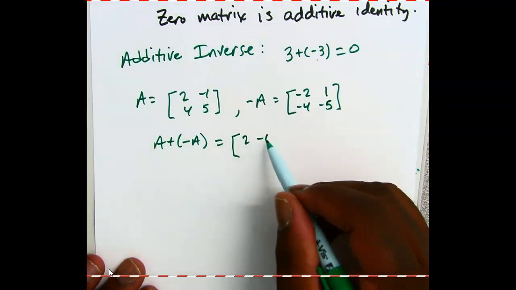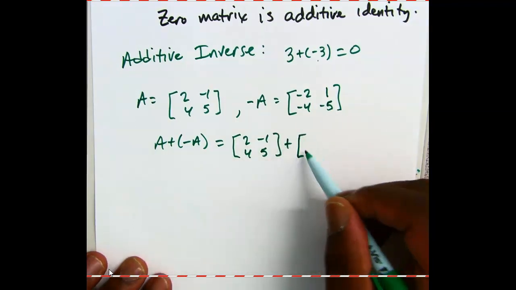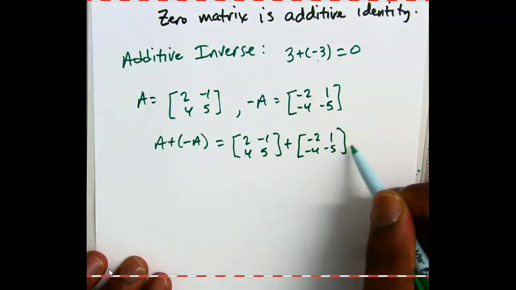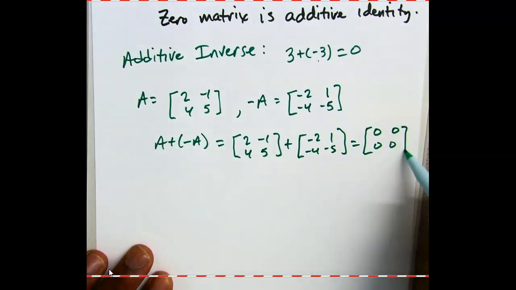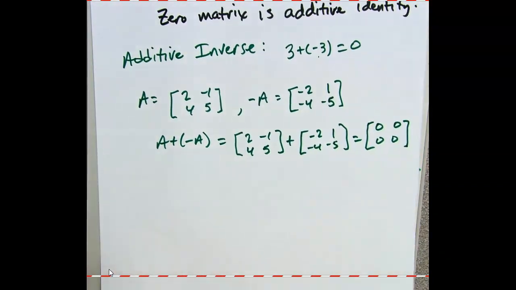So 2, -1, 4, and 5 plus -2, 1, -4, -5 does in fact give us the zero matrix. Now, this is important because we're going to use these properties later on in solving matrix problems.